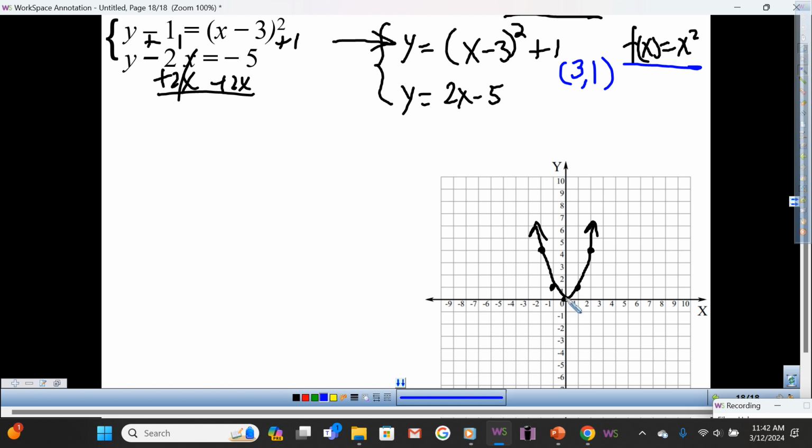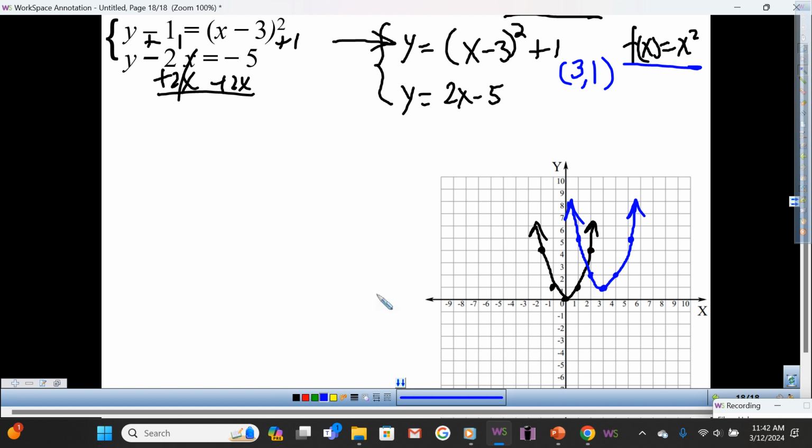That is correct. 3, 1. And these points will be here and here. 1, 2, 3 there. 1, 2, 3 there. So there's my equation graphed using transformations.